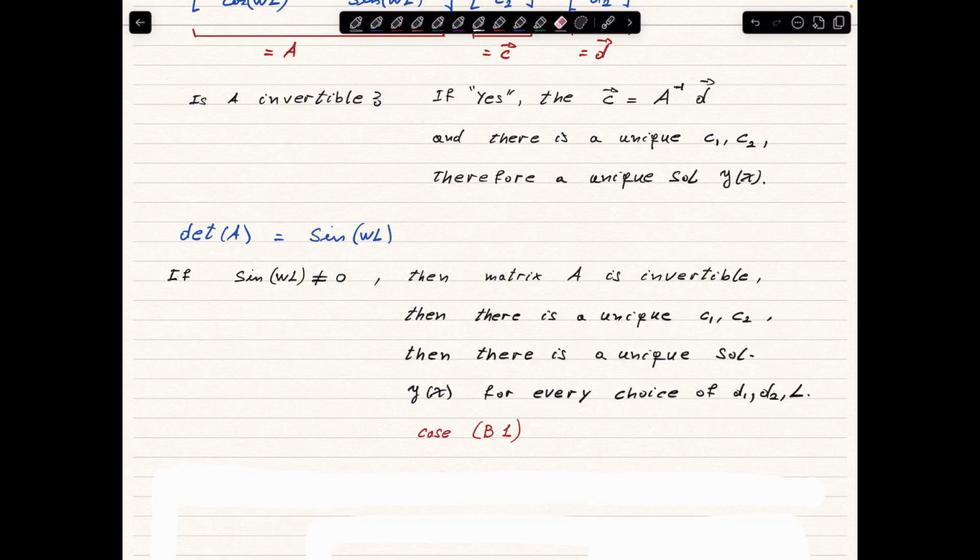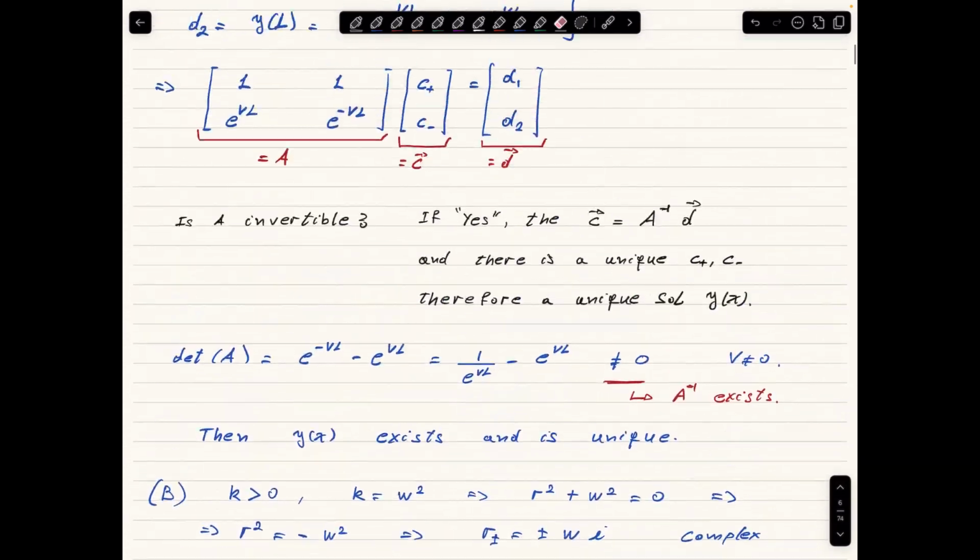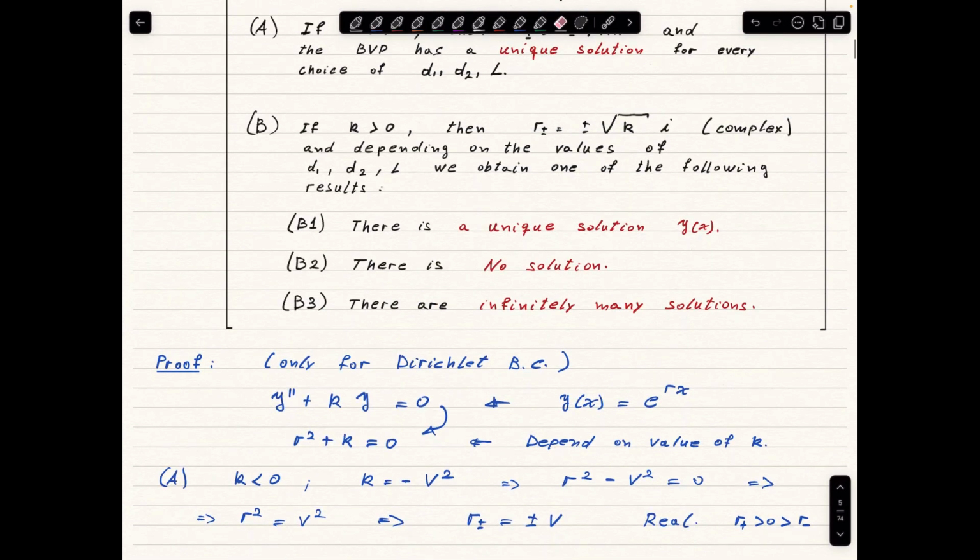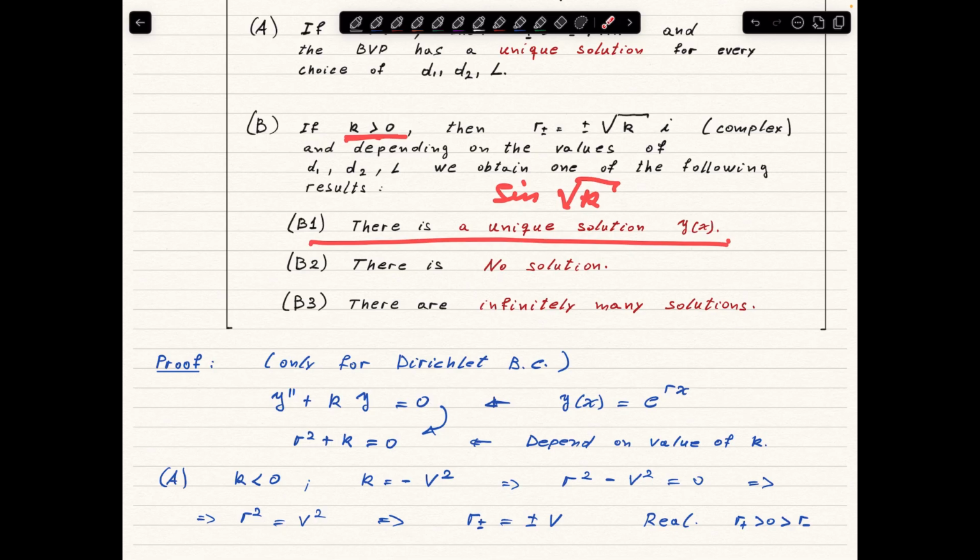And then we are in case 1b, which is, in the theorem, this case here. K positive, sometimes there is a unique solution. And now we know exactly when: when sine of the square root of k multiplied by L is different from 0. When that happens, where k and L come from the boundary conditions, you have a unique solution.